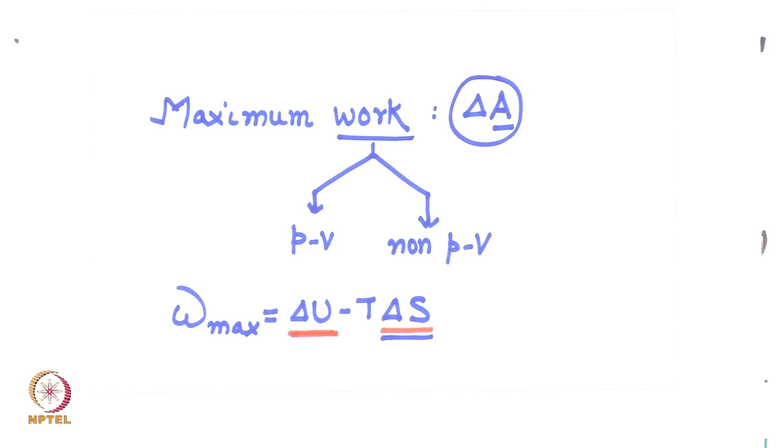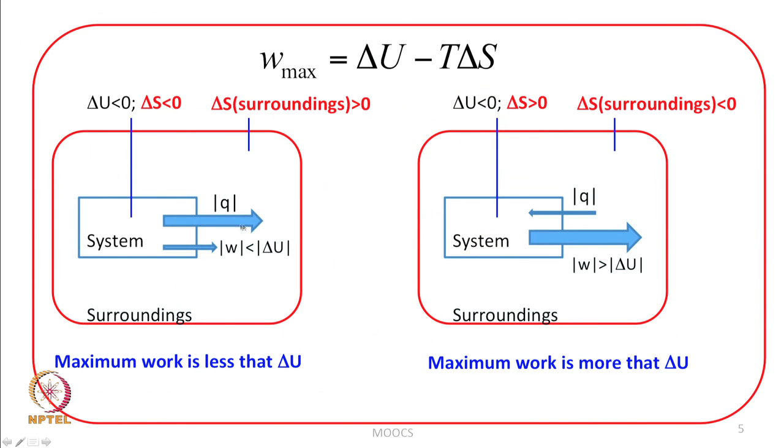That is what is described in this figure: in case delta S is negative, some of the change in internal energy must enter the surroundings in the form of heat, so that enough disorder is generated to increase the entropy of surroundings. Delta S of surroundings should be positive, because overall what you need is delta S system plus delta S surroundings to be positive for a spontaneous change.